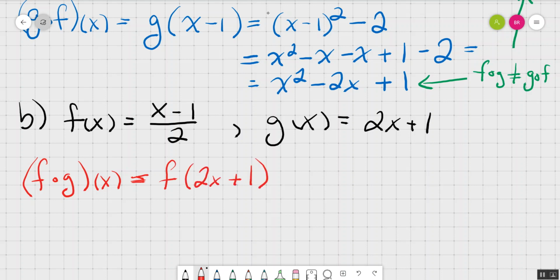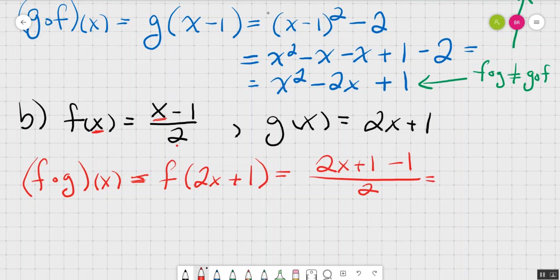Because I've got g on the inside, remember this means I'm going to f g. G goes first, that's what g does, and then I'm going to use f. So what's f do? Takes whichever you give it, and then subtracts 1 and divides by 2. So this is what I've got currently: 2x plus 1, it's going to subtract 1 and divide everything by 2.